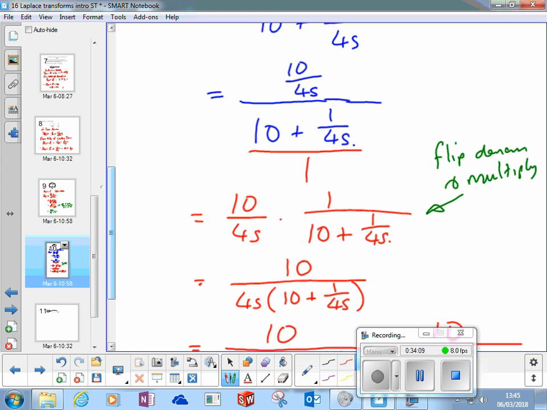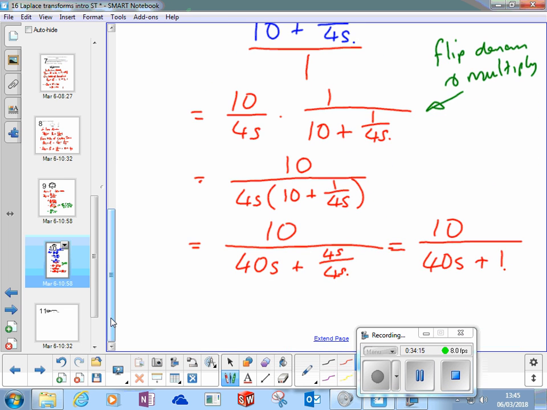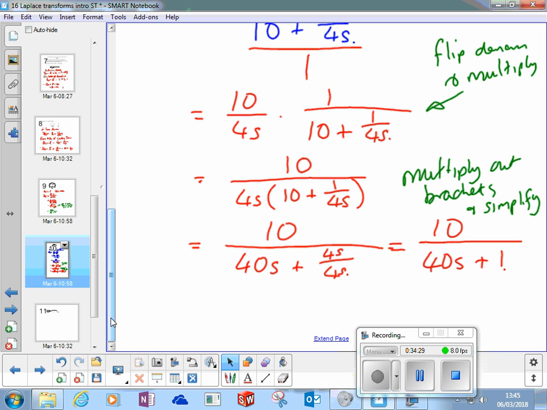Flip denominator and multiply. Multiply out the brackets and simplify.